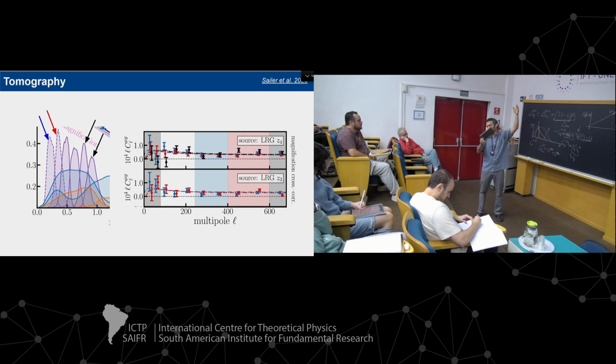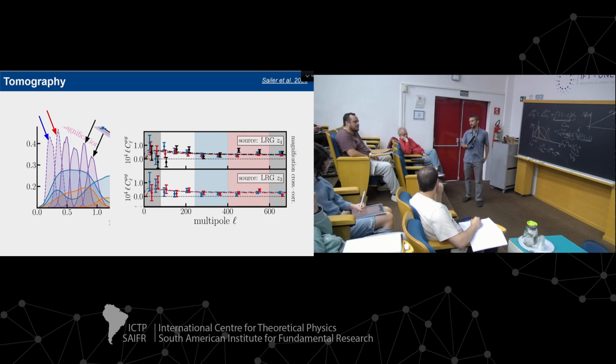That's why you can't make them exactly top hat. Those tails come from the redshift uncertainty of the photo-zs. What I was saying is that we know the shape of that redshift distribution very well because DESI also has a lot of spectroscopic galaxies, and they can use those to reconstruct the redshift distribution.